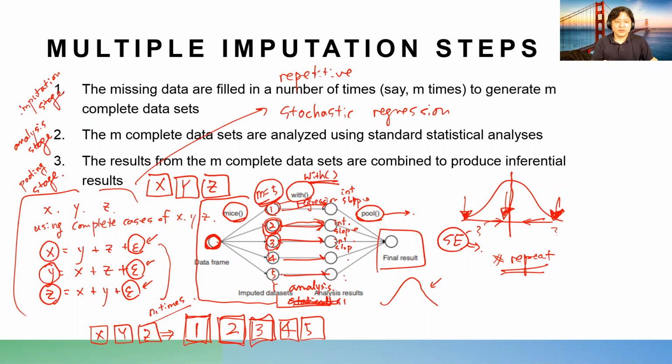We repeat this process over and over again, and finally we get the final set of parameters. Once we get the complete data sets, we run each analysis, and then we aggregate all the results.